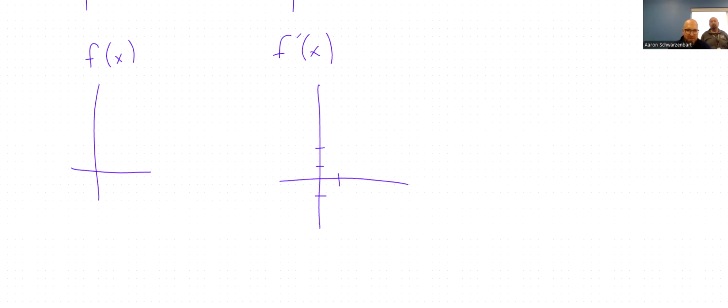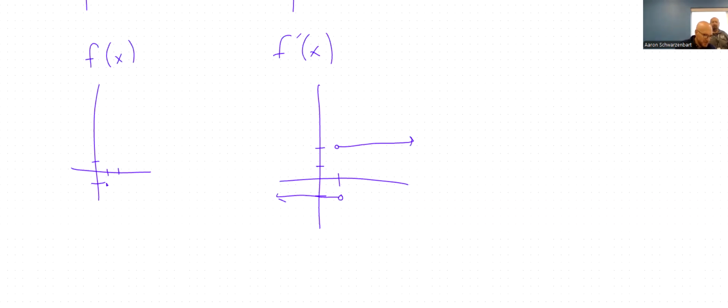This is going to be easier than that. So this tells me that my slope of my original has to be 2. It changes here at 1. Now, what I'm not told is where this point is.